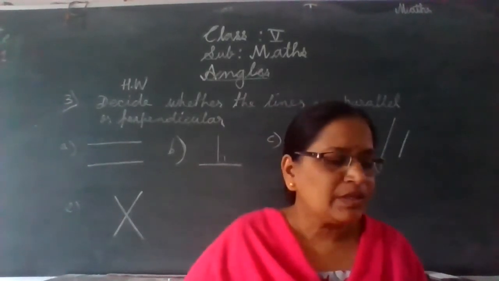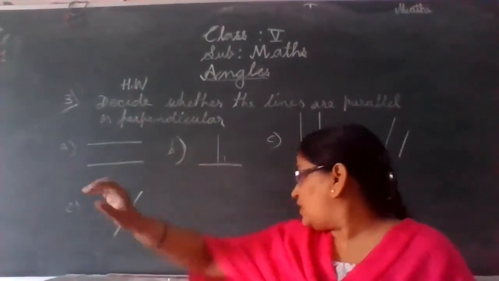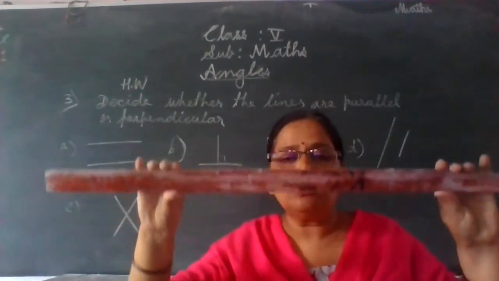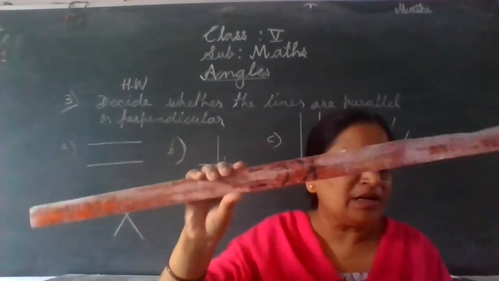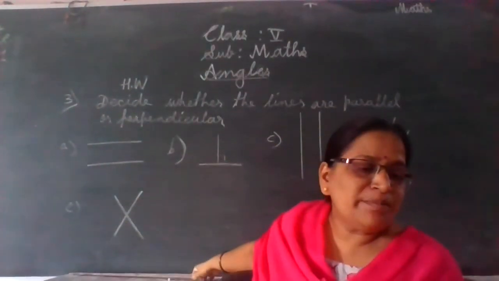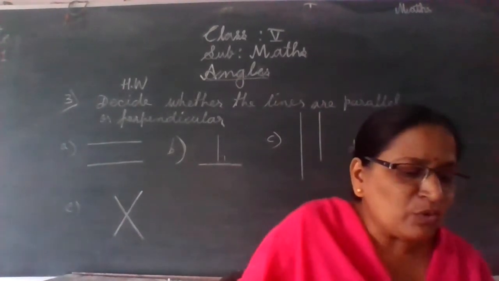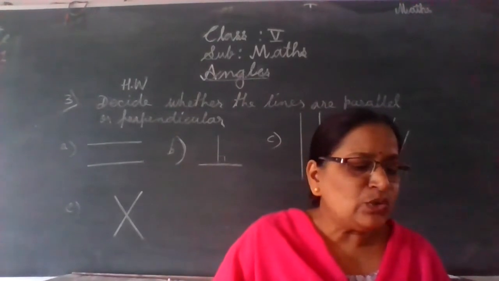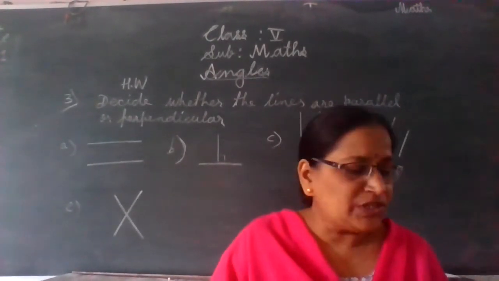Now see beta, you can take a ruler and see the opposite edges or both the edges of the ruler, they are also parallel to each other. So using a pencil, draw a line along both sides of the ruler. Put the ruler aside, the two lines are parallel to each other.